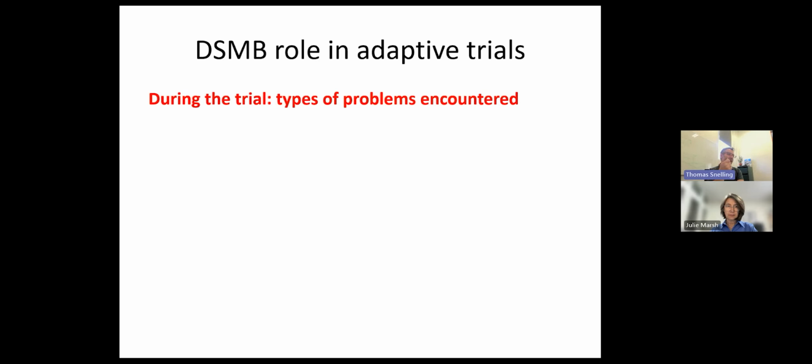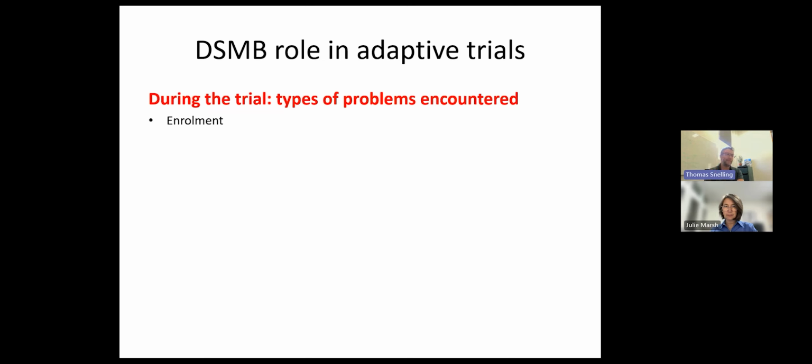Now I'm going to discuss some of the typical problems that DSMBs encounter after the trial starts. Some of these are non-specific and they occur in all trials. Some of them are more likely to occur in an adaptive trial.